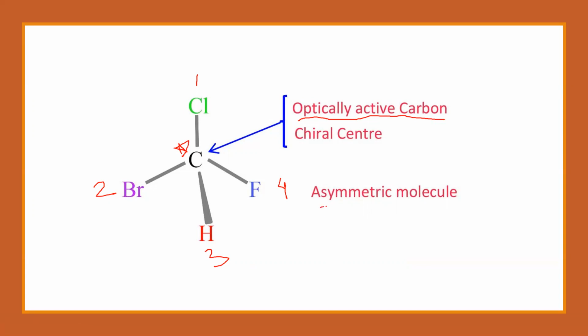Now, it is also called an asymmetric molecule. So a chiral carbon is also called an asymmetric carbon. Now, why is it asymmetric? Asymmetry means there is no symmetry. If I look at this compound here, across any plane that I take, I cannot break this into two equal parts. You're able to observe?